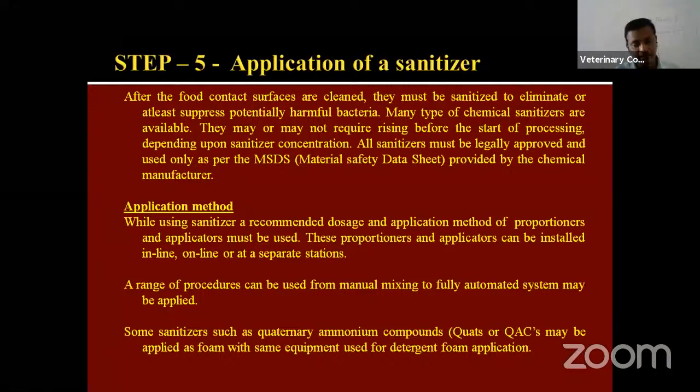Without doing the cleaning process, if we apply sanitizer, what will happen? The sanitizer itself will get inactivated by the physical and chemical action brought about by the soil. The sanitizer will not be effective enough. And one more thing, keep it in mind, sanitizers will not be cleansing the way the detergents are.